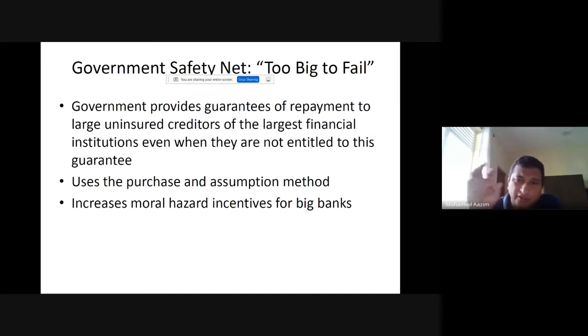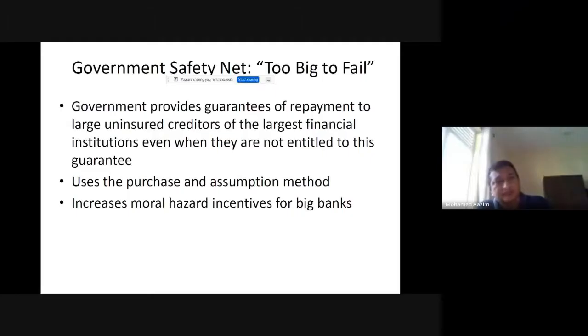But interestingly, at times of trouble, if these too big to fail financial intermediaries are also about to collapse, the purchase and assumption method is often used. The governments do not let these agencies collapse. They try to amalgamate them, introduce joint ventures, try to protect with some other arrangement.